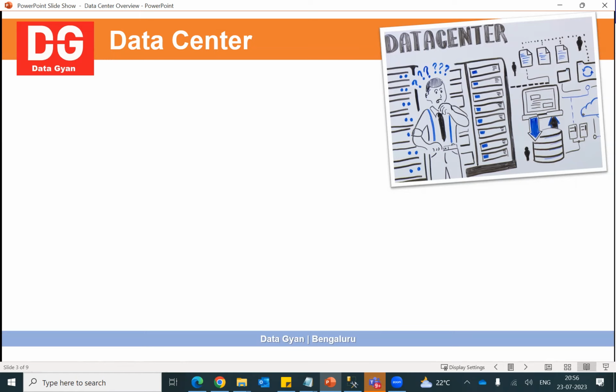Basically, we are talking from day one that a database is sort of a dabba, right? It's a box where we store the data. We're not talking about how inside there are tables and rows. Just imagine it's a box where we're storing the data, but that box you have to access. For accessing, you need some connectivity and power supply.